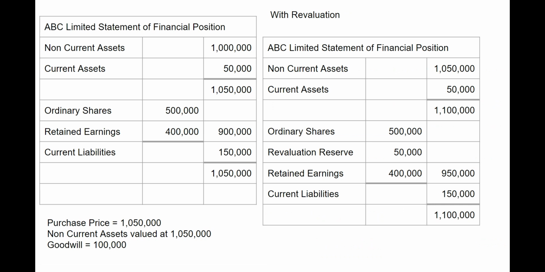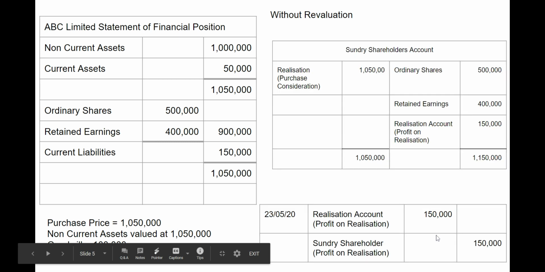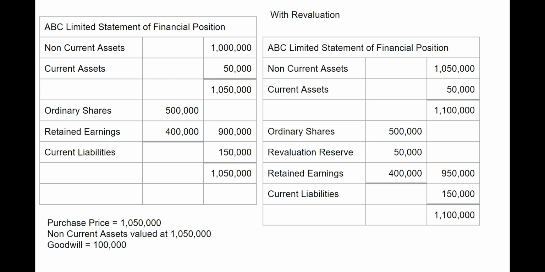The logic behind that is some of this profit that they made, the 150,000 on the previous slide, is actually to do with the fact that the assets were worth more than the price that was in the existing statement of financial position. And that's not really a profit to do with the fact that you sold the business. That's a profit to do with the fact that, for example, the buildings or the land have appreciated in value.